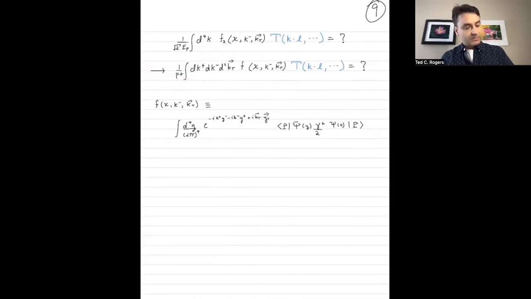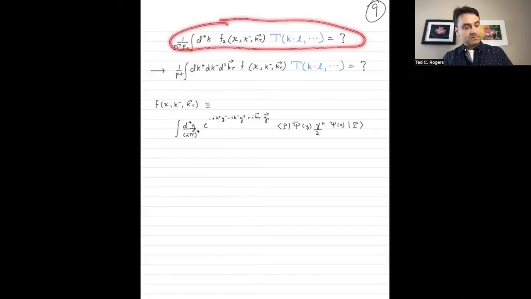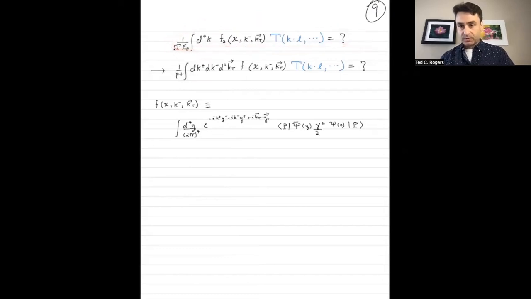What I've done is we started with this operation, the integral with a fully unintegrated parton density, in our definition with the 2 subscript.